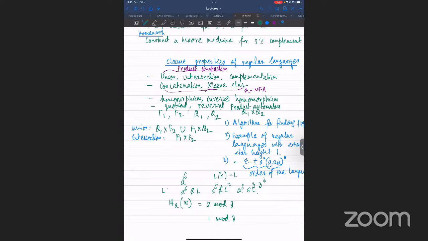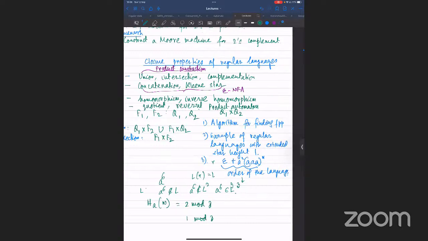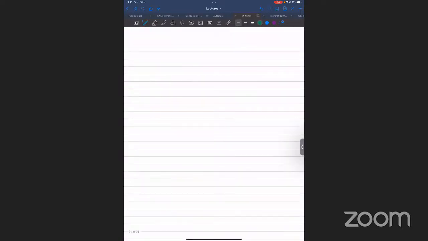So let's start with homomorphism. Let's define what is homomorphism.